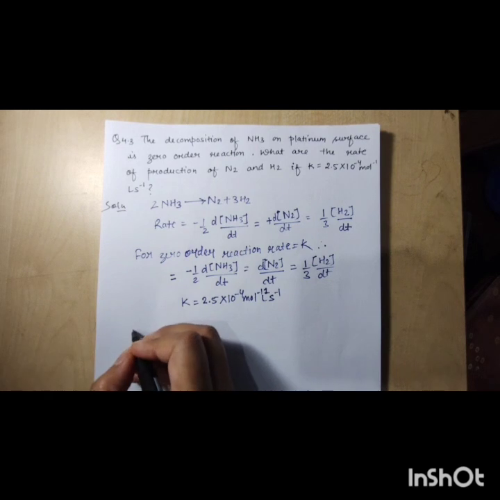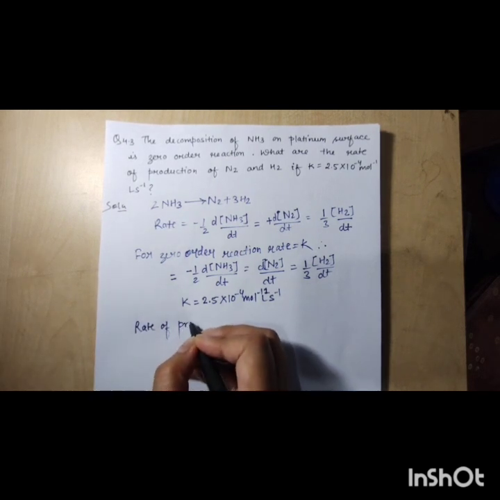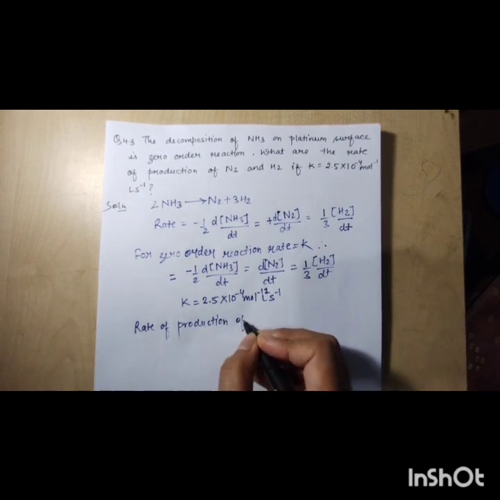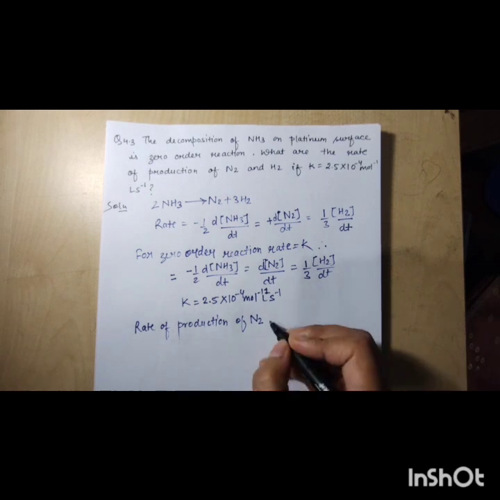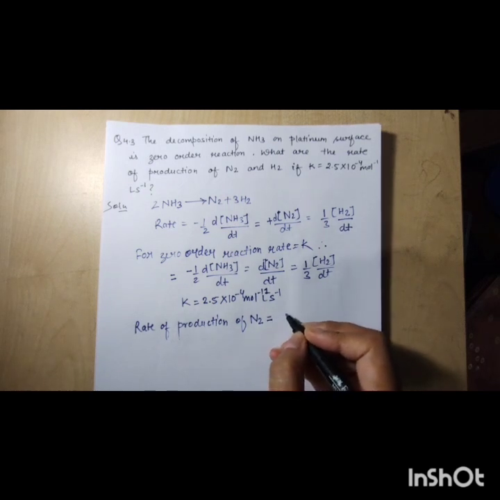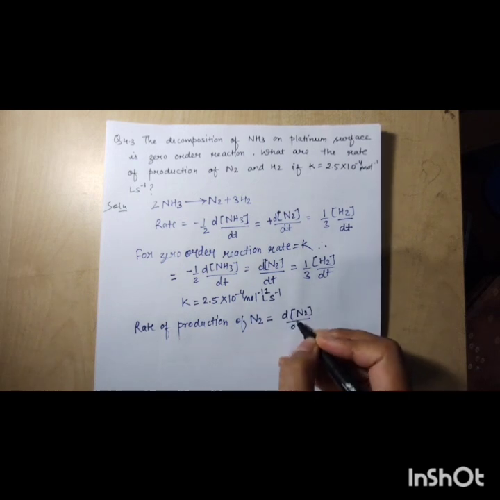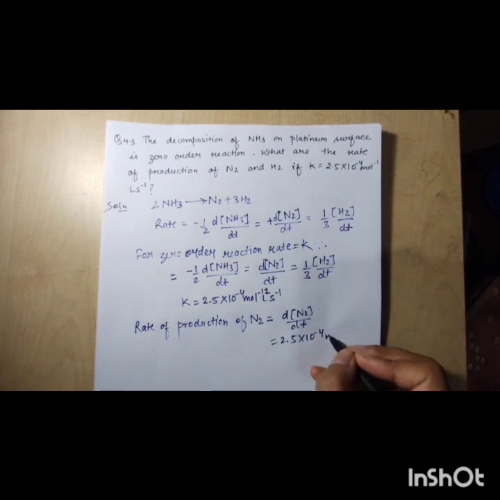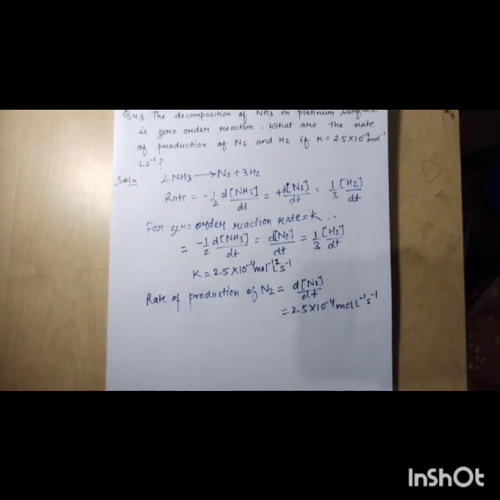So the rate of production of N2, d[N2] by dt, is equal to 2.5 into 10 to the power minus 4 mole per liter per second.